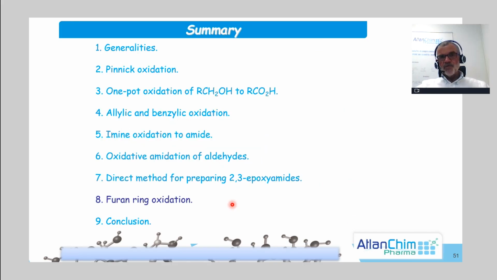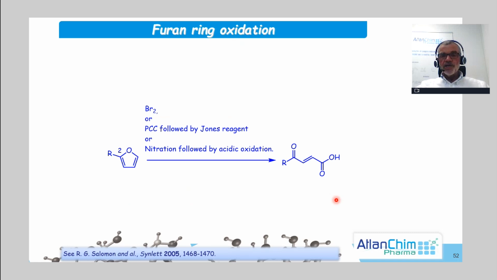To conclude this webinar, we are going to talk about oxidation of the furan ring using sodium chlorite. Formation of 4-oxo-2-alkenoic acids from substituted furans has been reported with various oxidizing agents such as bromine, PCC followed by Jones reagent, or nitration followed by acidic oxidation.